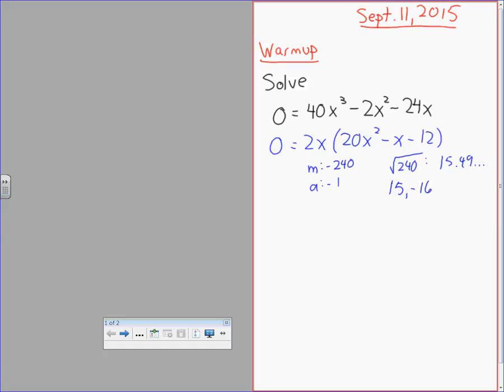Joseph, what do you do with the 15 and the negative 16, please? You put it in the brackets. Go ahead. The brackets would be 20x squared plus 15x minus 16x and minus 12. Great. Awesome. Wonderful. Tremendous. All right, Robin, what do you do next, please? Do I put 5x out?